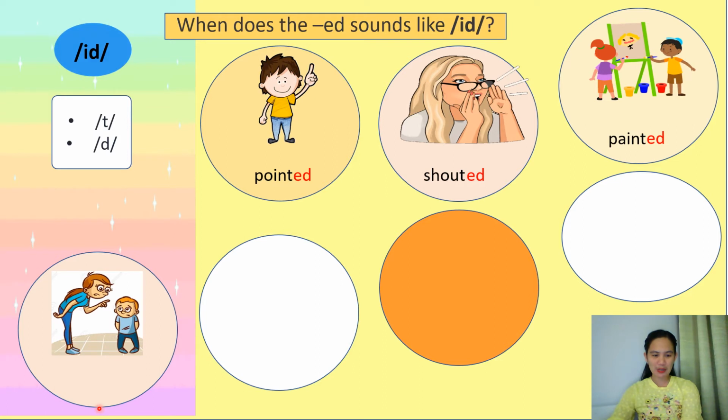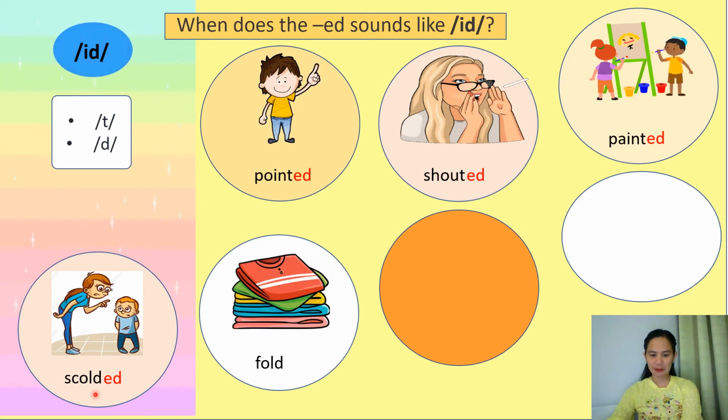Now let's proceed to the next word. We have the word scold. The last sound that you can hear is a sound of d. Okay, so if we put a suffix ed at the end, the ed here sounds like id. Let's read the word scolded.